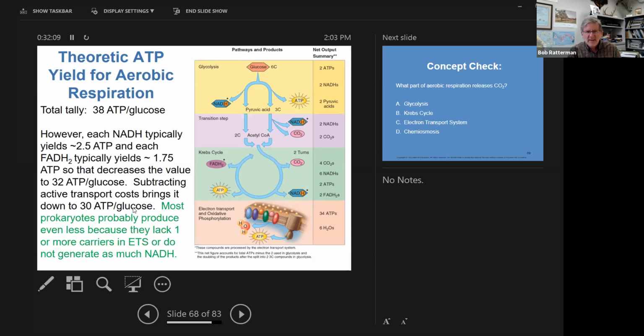The reason that it's not exactly 38, which assumes a 3-to-1 ratio for the NADH and a 2-to-1 ratio for the FADH2, is because there are some active transport costs here, and it's not exactly a 3-to-1 or a 2-to-1 ratio. It's a little bit less than that. So if you know approximately 30 ATPs per glucose, that's great.